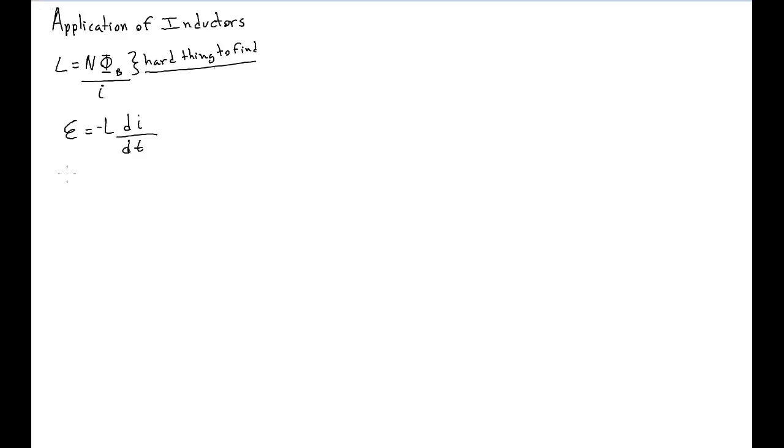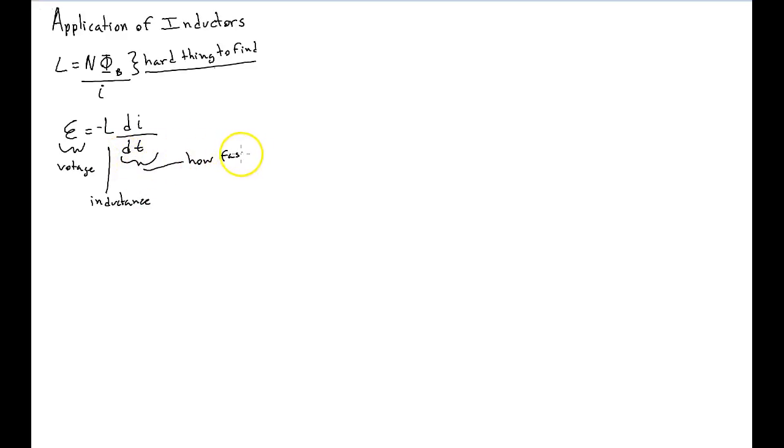The rate that it changes with time is proportional to the voltage across it. This is the voltage across the inductor, this is the inductance, and this is how fast the current is changing with time. If it's changing very, very rapidly, then you'll have a very large voltage across your inductor. That's what that equation tells you.